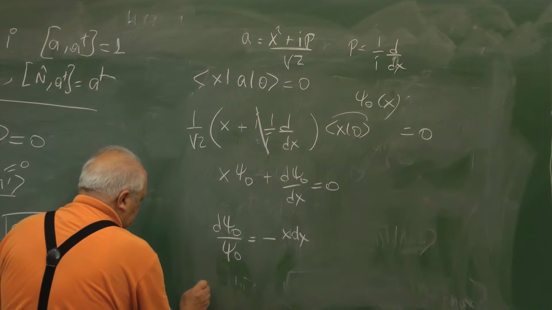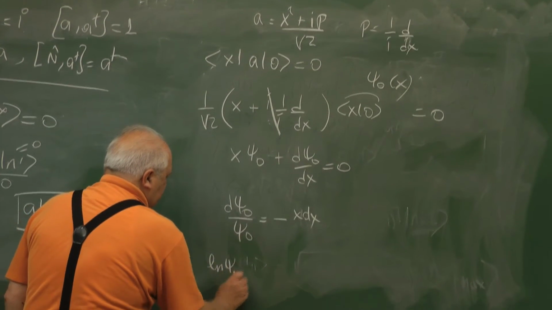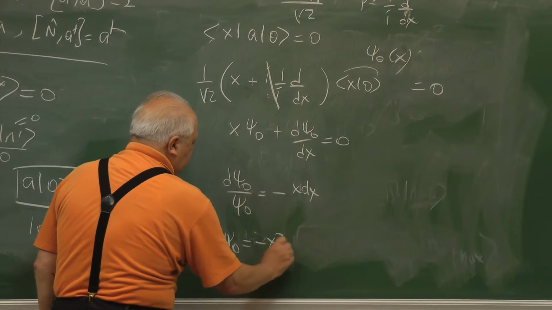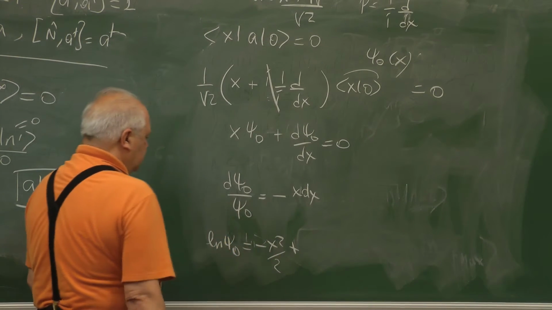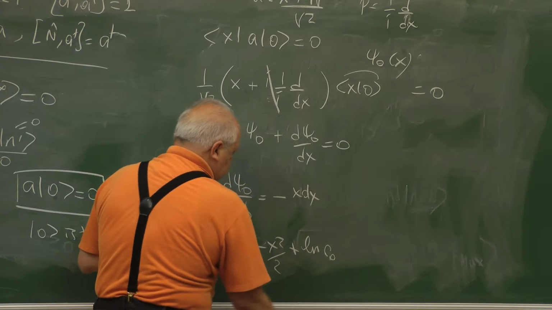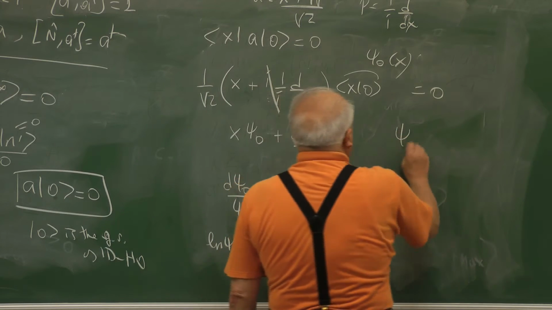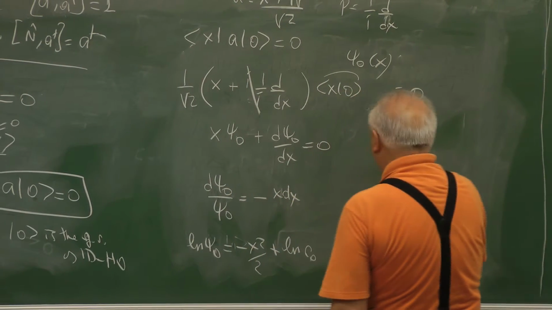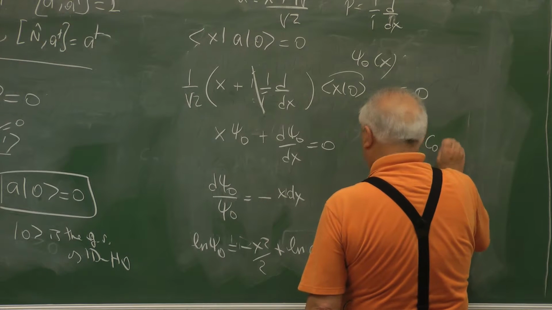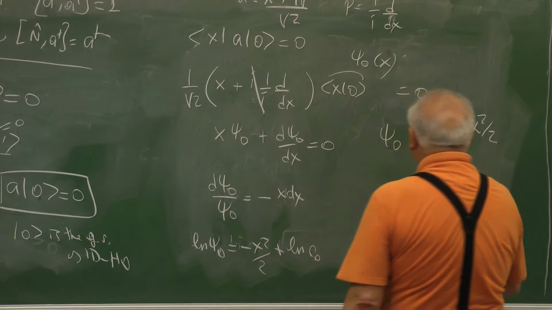Let's integrate. Log of psi 0 is equal to minus x squared over 2 plus a constant, but let me write the constant in a convenient way, log c0, and if you exponentiate it, psi 0 is equal to c0 times e to the minus x squared over 2.